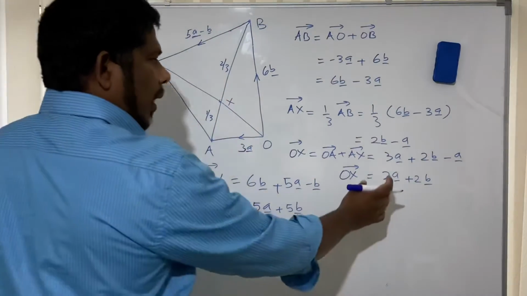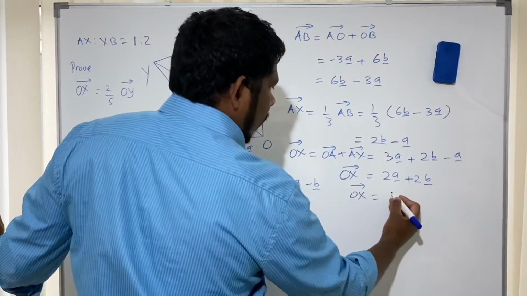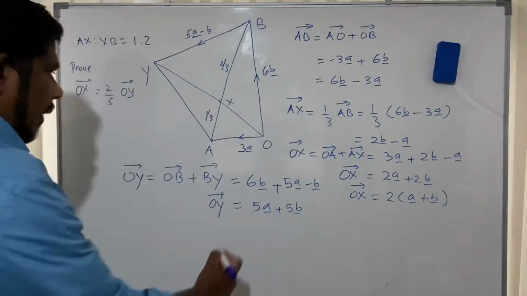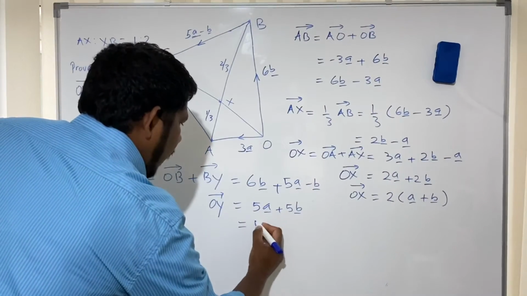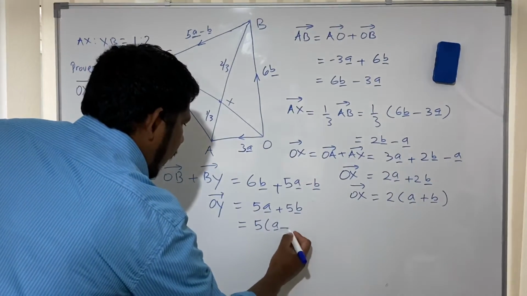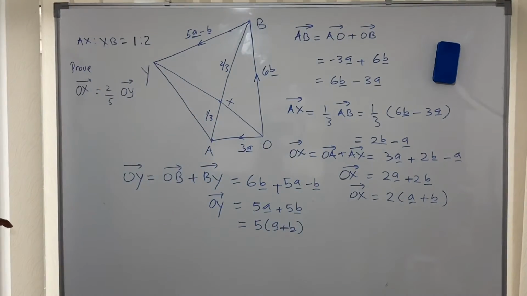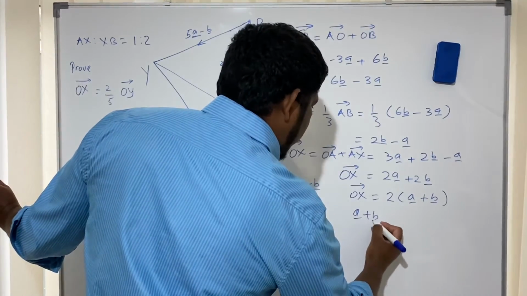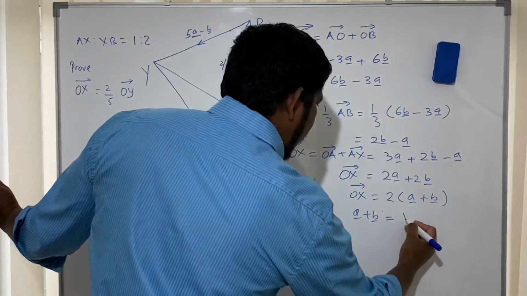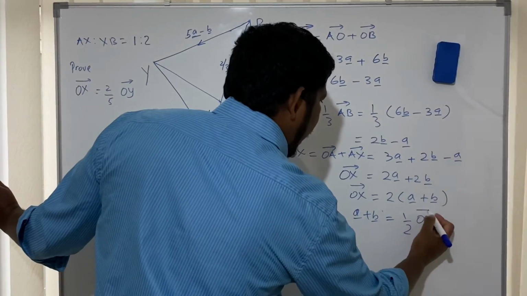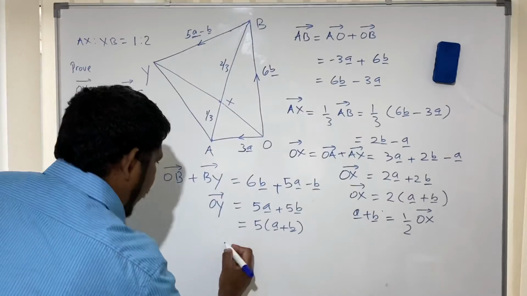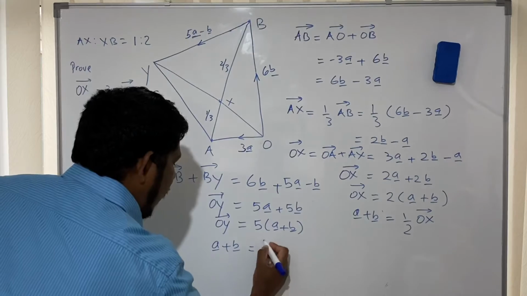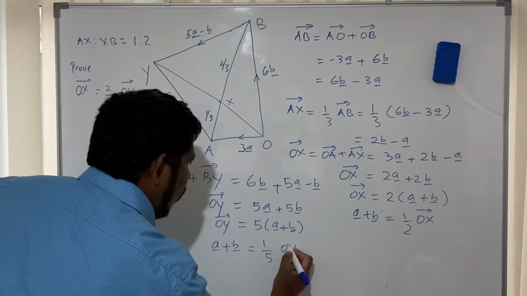And now here I can factorize OX equal 2 into vector A plus B. And here I can factorize like this. So I can get here vector A plus B is equal to half of vector OX, and here, this is OY, vector A plus B is 1/5 of vector OY.